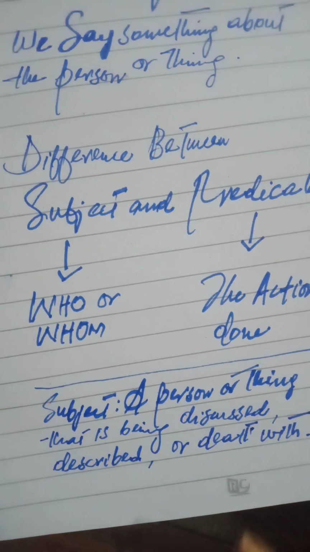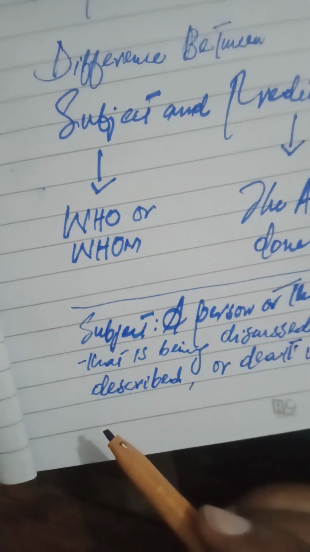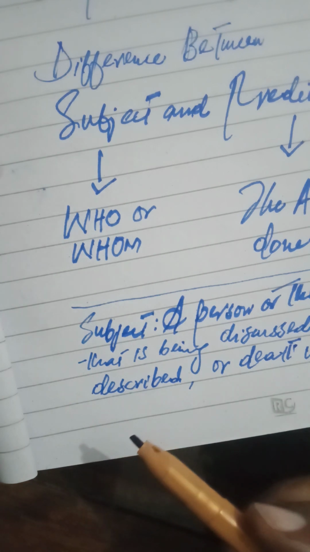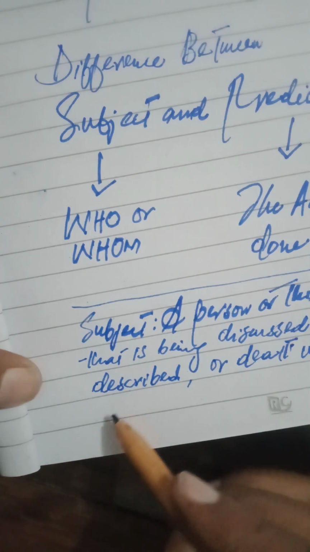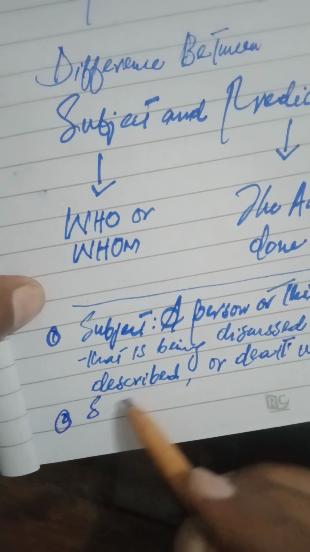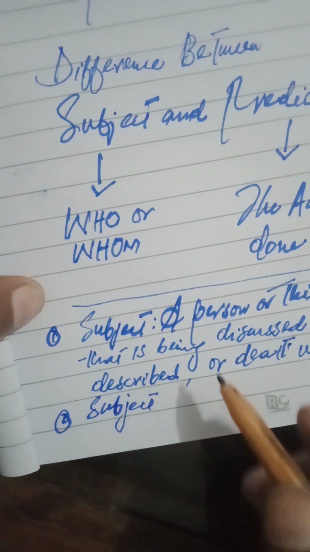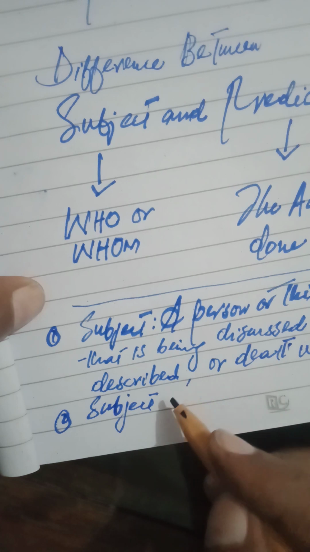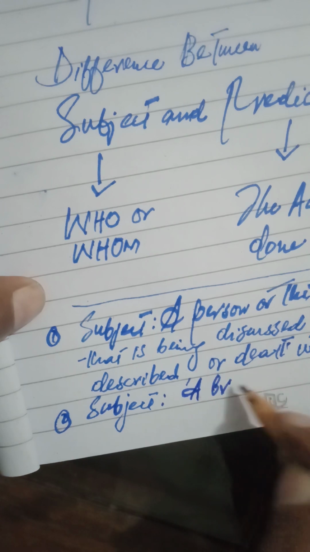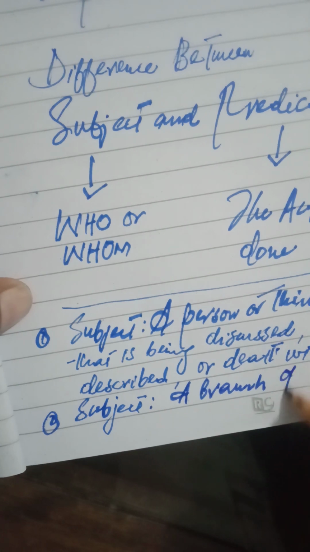A further definition of the subject is a branch of knowledge studied or taught in a school, college, or university. For example, English is a subject, mathematics is a subject.